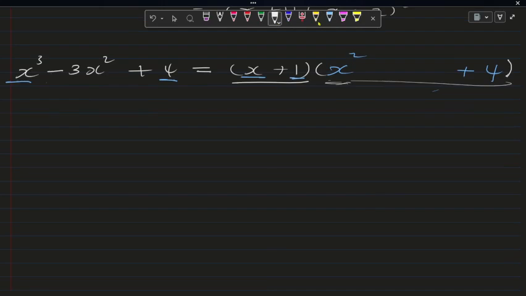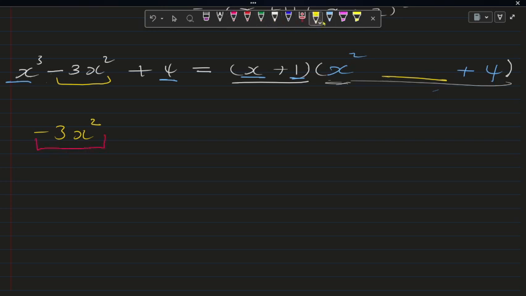Okay, and then we come to a very important part, which is how do we determine the middle term of this trinomial? Now we look at the x squared term on a of x. So we have negative 3x squared.